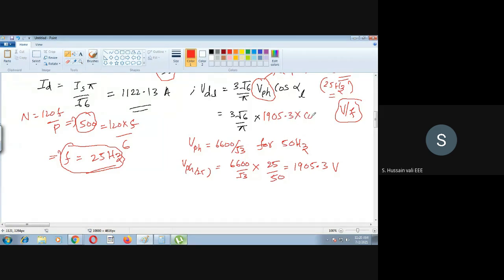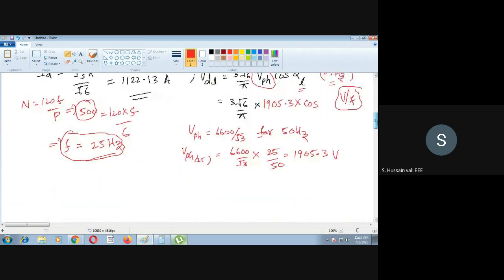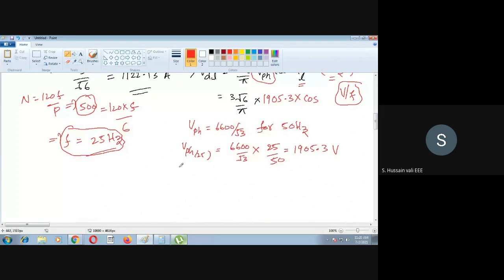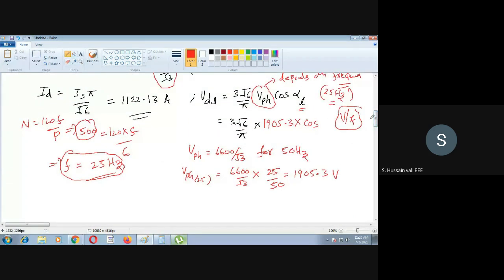Now what is alpha of the load side? He has given in the problem. Just let me go back to the problem. Yeah, he has given somewhere. Yeah, load side converter operates at a constant firing angle of 140. So this firing angle is constant, he said. Now it is 140. Okay, so you put here cos 140.